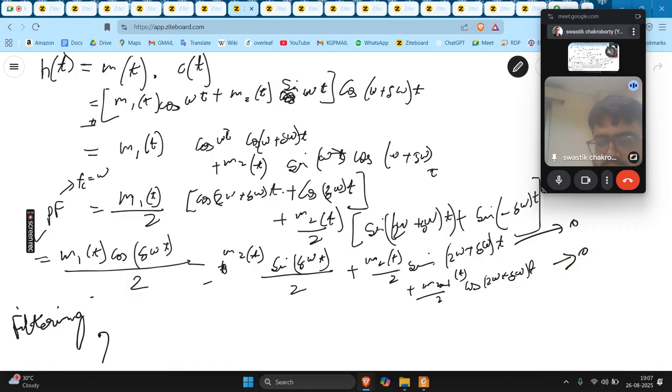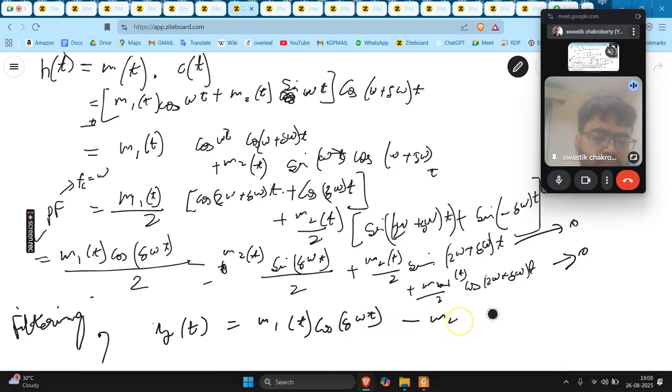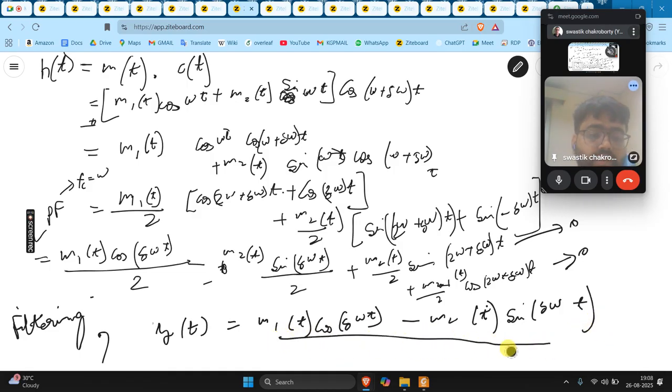So the final signal after filtering is y(t) equal to m1(t) cos delta omega t minus m2(t) sin delta omega t. Again you have the same in-phase and quadrature components, but in terms of delta omega instead of omega. That is the only difference.